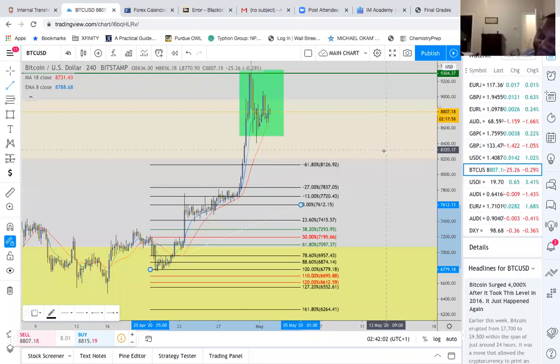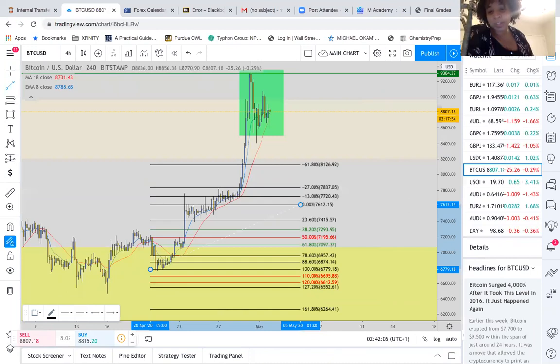If I see my confirmation, I'm taking it. I'm not hesitating. It takes me 2 to 3 minutes to chart any pair up. All I do is wait.